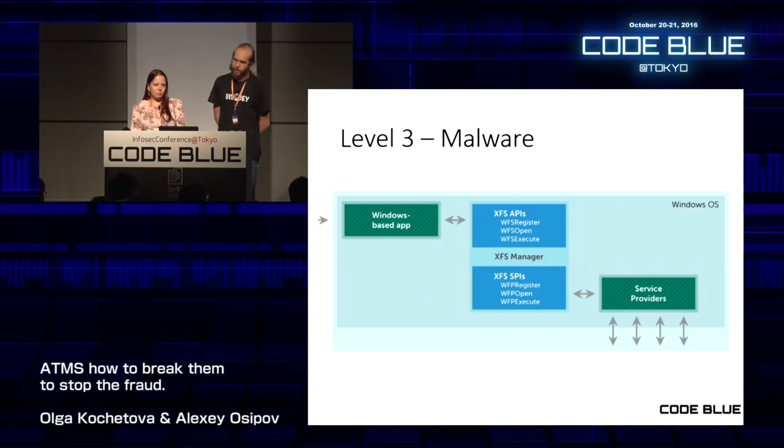And as already mentioned, bankers often say, XFS is a problem. Unfortunately, no. The problem is the trust zone that is created in ATM machines. For example, Kaspersky Lab found another virus that was affecting ATMs that doesn't know anything about XFS. It was intercepting commands that are used by service providers.